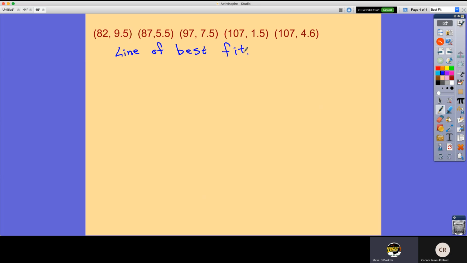If you go over to calculate, it's going to calculate a lot of different things in here. What we want to find here is what's called the linear regression. So at some point, we're going to use this number 4 option off of your calculator.